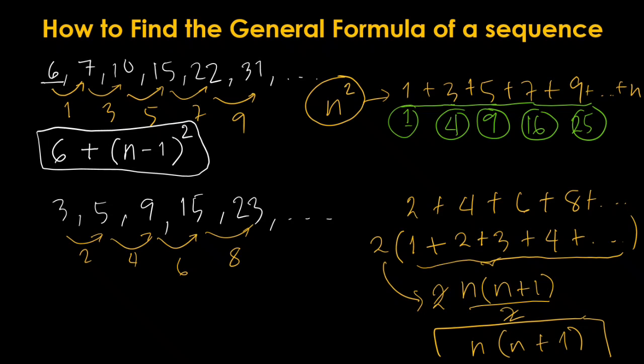Now it's going to be easy. You just pick the first term, which is 3, and then you simply add the cumulative sum. Now we have to adjust it a little bit, because when your n is 1 for the first term, it's going to be 1 and 2 here. 1 times 2 is going to be equal to 2, and we don't have the 3 as the first term, so we have to make this 0 when n equals 1.